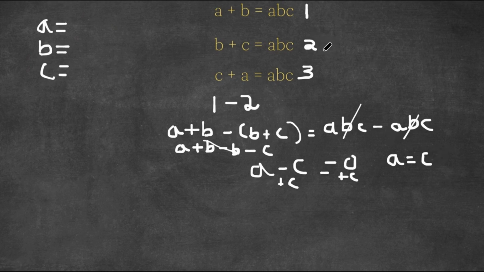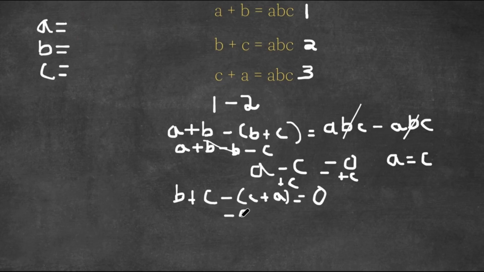Now we're going to subtract equation 2 and equation 3. So we get b plus c minus c plus a, and this is again equal to abc minus abc, which, as we already know, is 0. Now if we distribute this, we get negative c minus a, and we have positive c over here, and we have our b.